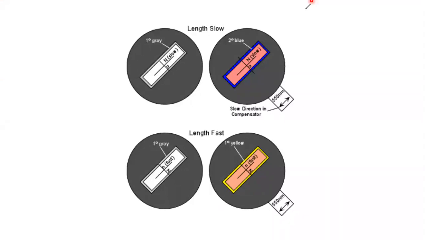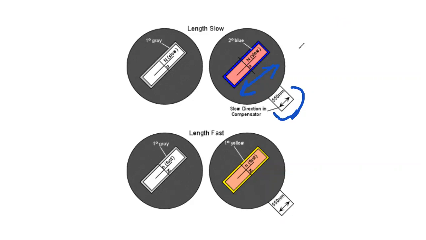Here you can observe that both the mineral and the compensatory plate have similar slow ray direction. They are parallel to one another. So if the slow ray direction is parallel to the elongation of the mineral, then such elongation is positive elongation.